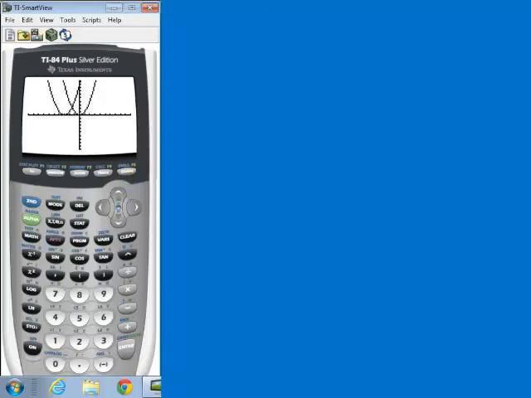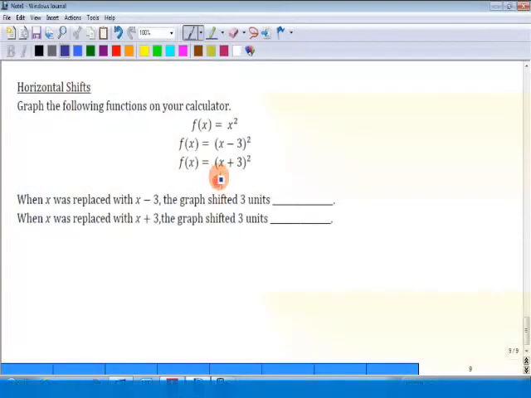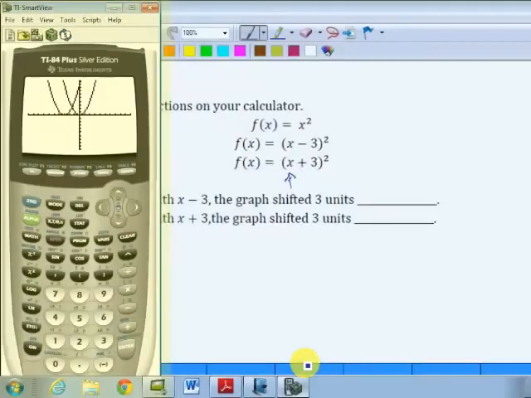Now the way I like to think of it basically is this. We're looking at f of x equals x plus 3 quantity squared. In my crazy way of looking at things, I like to compare this graph to y equals x squared. X can get by with being 3 units less. Less means to the left.